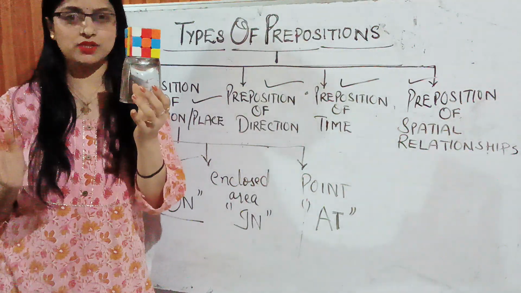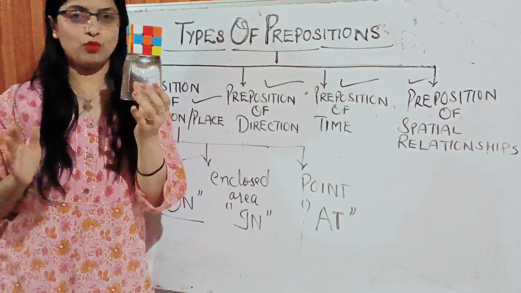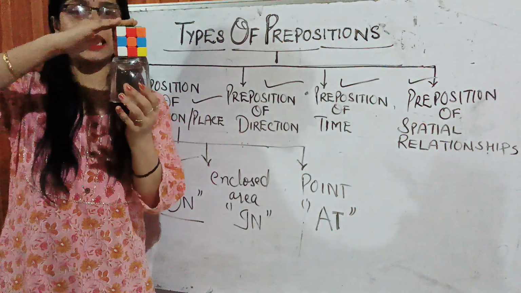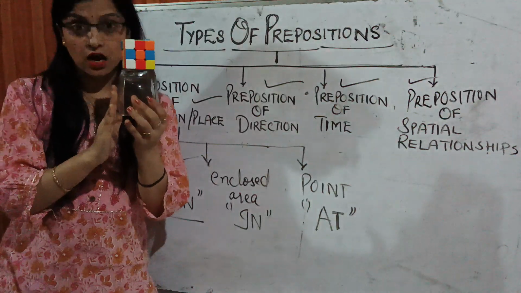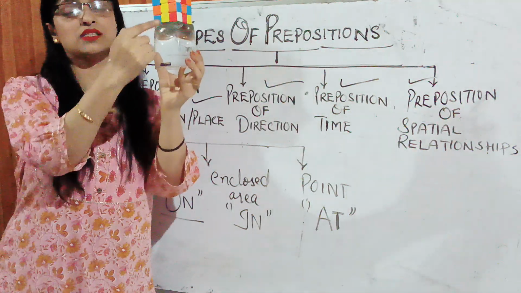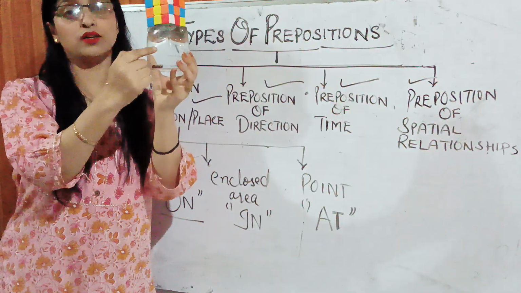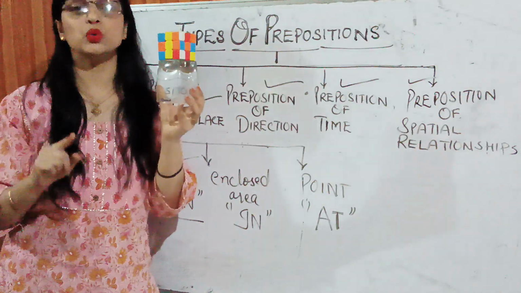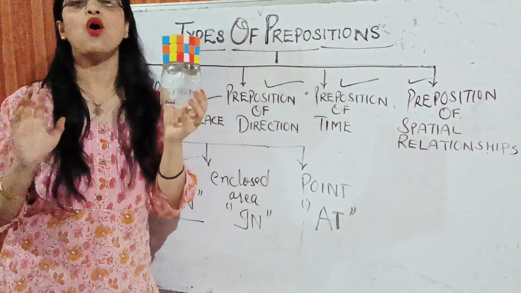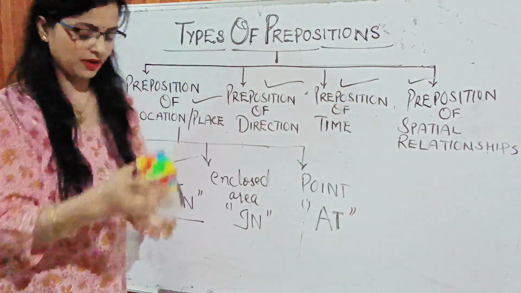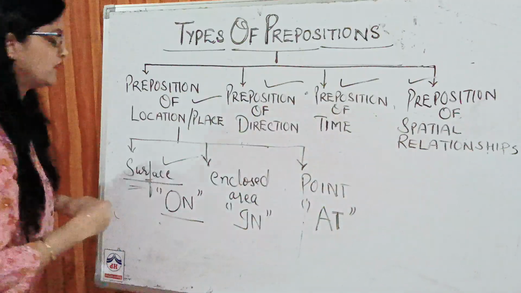Which preposition am I using here? This dice is placed on the glass. Why? Because both these things are in contact with each other with respect to surface. So that's why we are using the preposition on the basis of location.